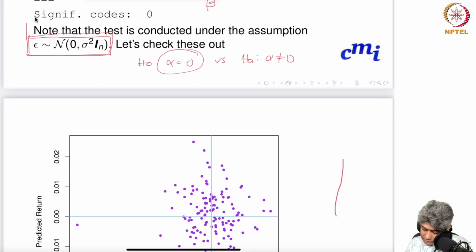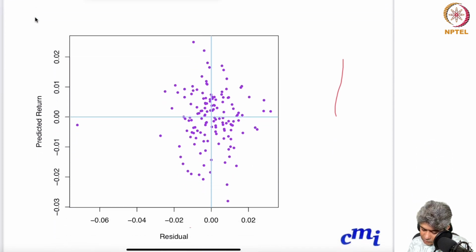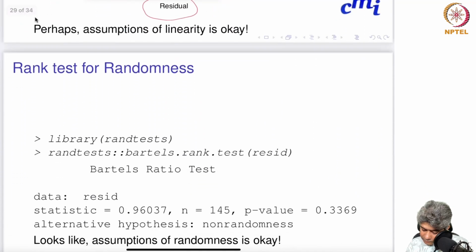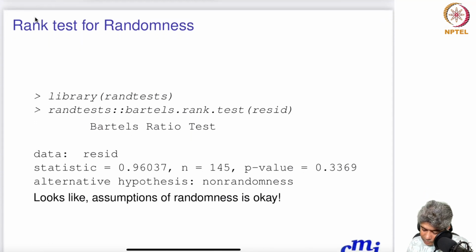The first assumption we check is residual versus predicted. There is a big outlier, but overall there is not much of a pattern. So we ran a test for randomness, and the p-value is very high.